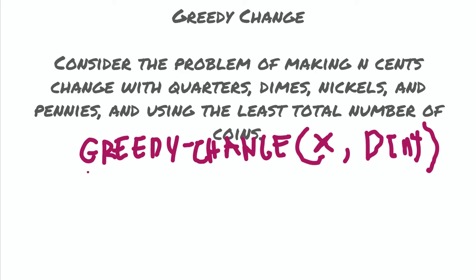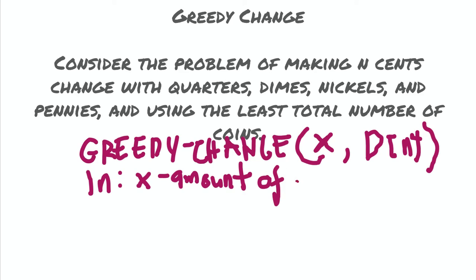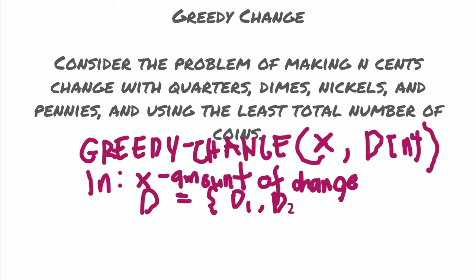So the input parameters are the amount of money, say this is the amount of change, and the coin denominations, which will involve a set, say this is denomination 1, denomination 2, and so on up to n.